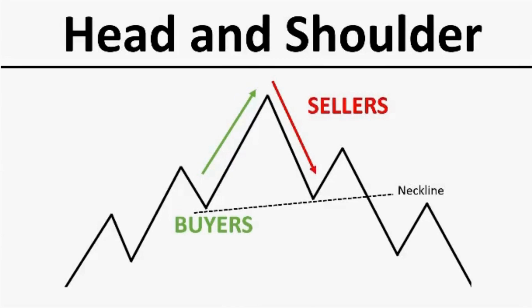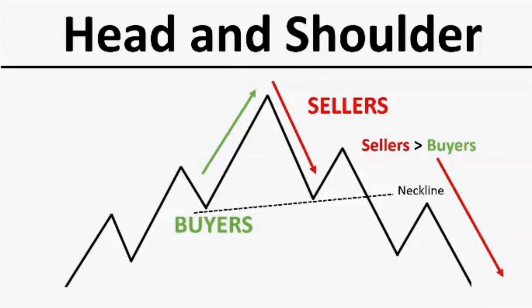First the buyers were active and then the sellers came into the picture. At this neckline, the buyers try to regain ground and push the trend upwards, but the sellers outnumber the buyers. What this means is that the selling pressure on the price is more than the buying pressure. So ultimately the stock shows a rally in the downtrend. That's how significant the head and shoulder pattern is, and that's how it works in the market.